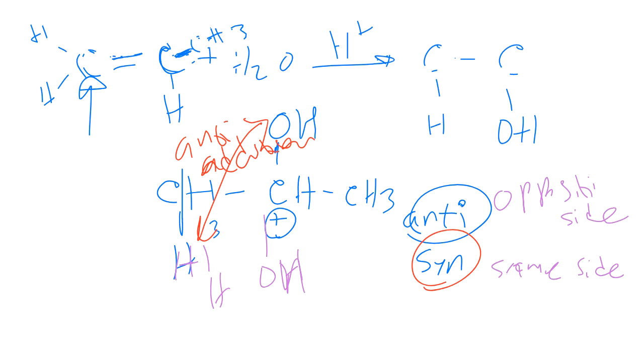And we also need to know if the addition is a Markovnikov addition or anti-Markovnikov addition. Addition of HBr. What type of addition is it when you're adding HBr to a C=C double bond? Markovnikov or anti-Markovnikov?